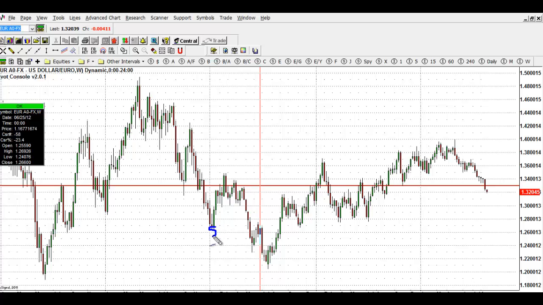Looking at the broader weekly chart, this is what could be happening in the markets, and this is not for sure. We had a head and shoulders reversal here. This is the head, this is the right shoulder here, this is the left shoulder. The market broke above the neckline at 136.